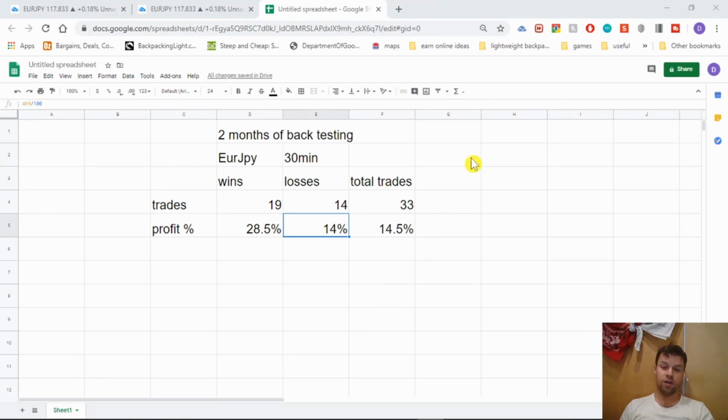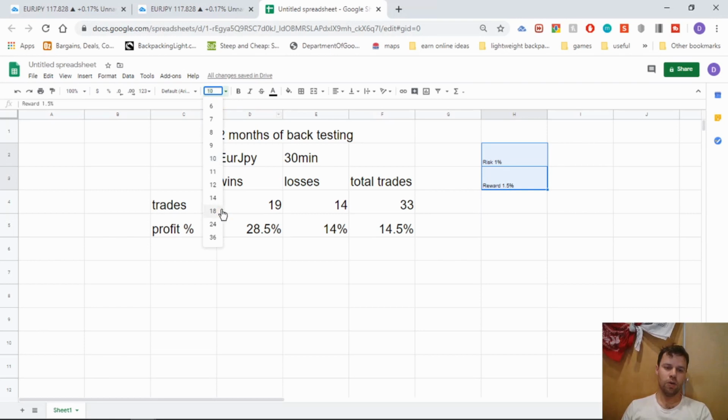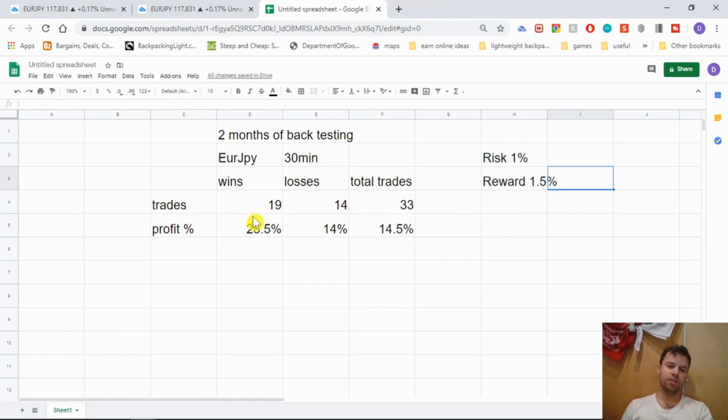At a risk-reward ratio of 1 to 1.5, we can see that 19 wins gave us 28.5% profit. 14 losses gave us a loss of 14%, meaning out of all the trades, we end up in 14.5% profit, which is very, very good. That's outstanding, 14.5% profit.